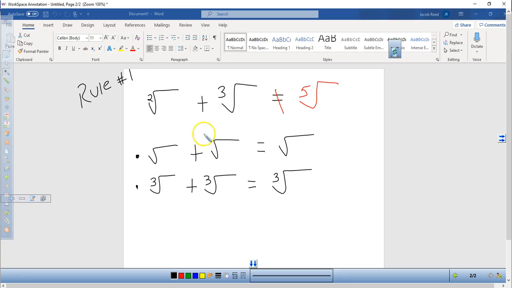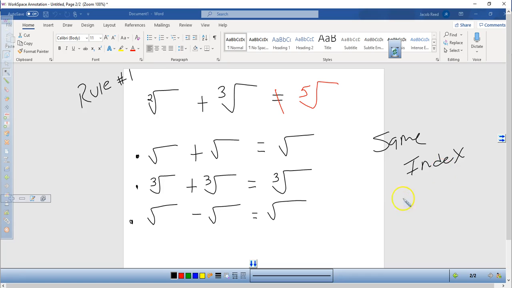Hopefully after these 3 examples you're getting the picture. For addition and subtraction, they must have the same index. That's rule number 1. To add two radicals, they must have the same index.